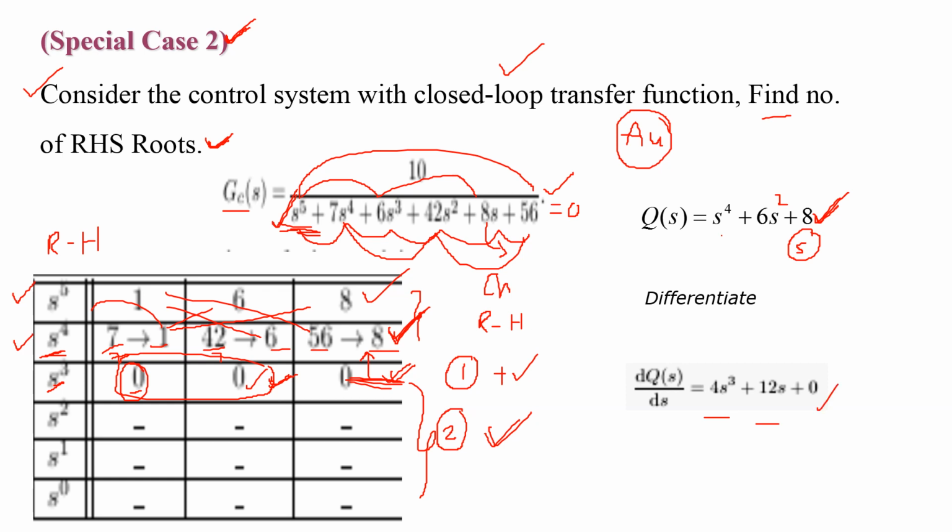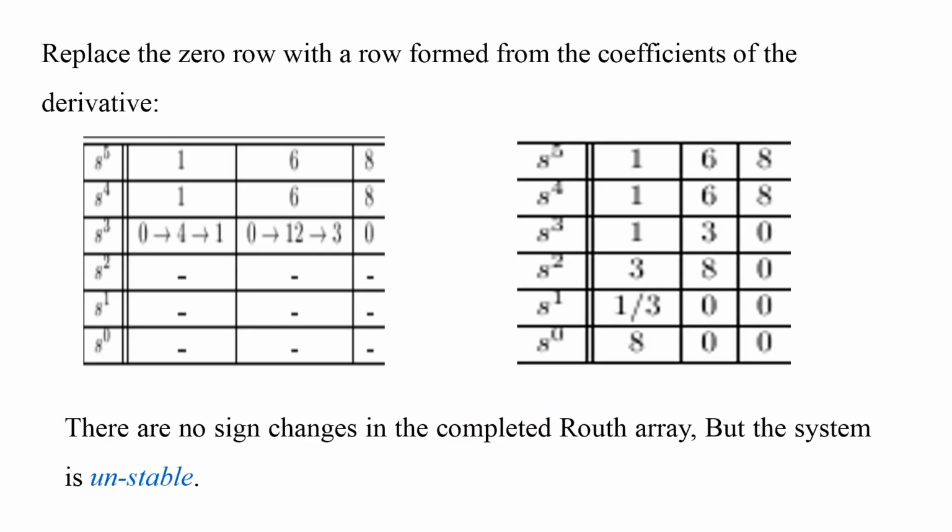Now we have to replace this 0 row with the coefficients of this equation. Then we are going to get the resultant RS table by replacing the 0 row with the coefficients of that equation.